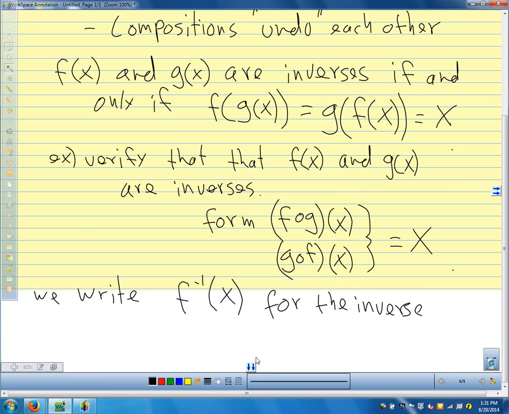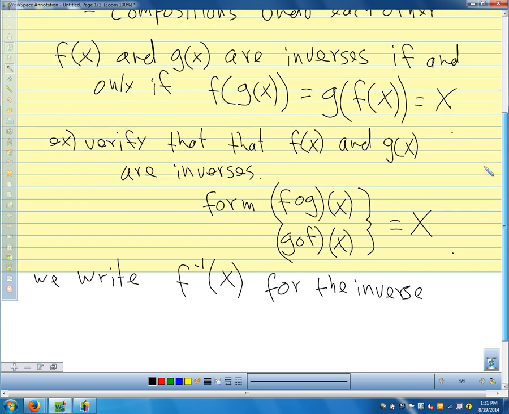And be very careful with this. Most of us won't make this mistake, but sometimes students say, we want to make sure we don't say that f inverse does not equal 1 over f. It's not the reciprocal, it's the inverse. The reciprocal is the inverse of multiplication, so that's why we get those two confused.